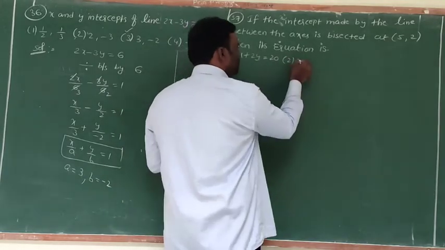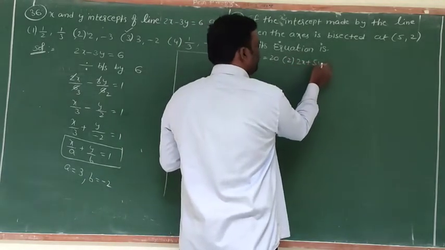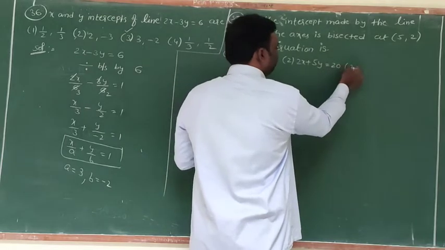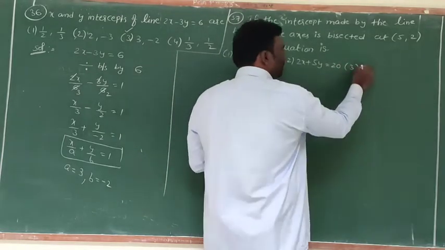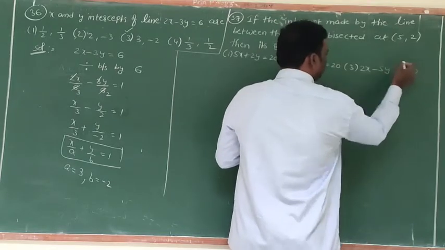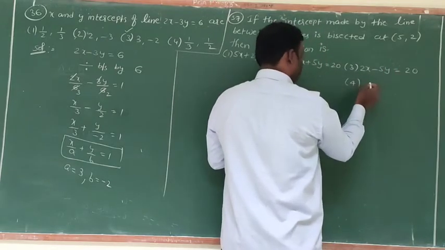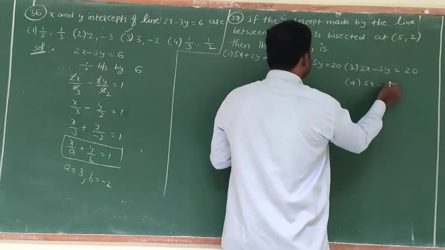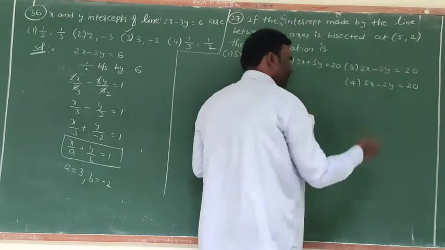Second option, 2x plus 5y equals 20. Third option, 2x minus 5y equals 20. Fourth option, 5x minus 2y equals 20.